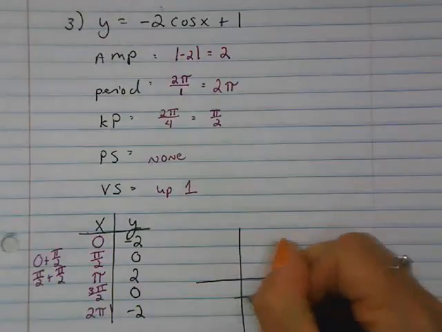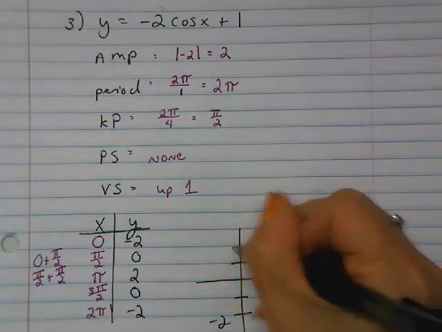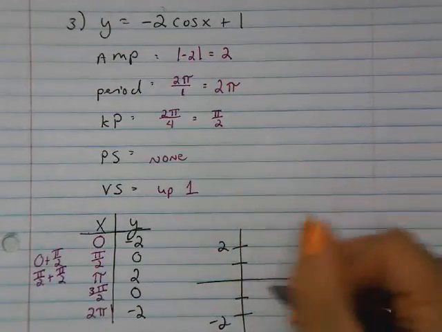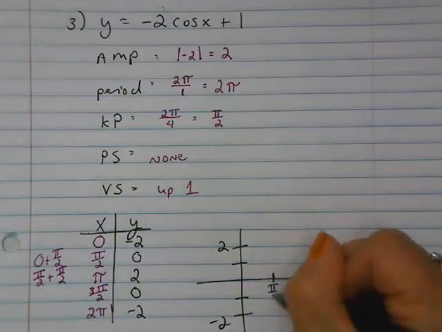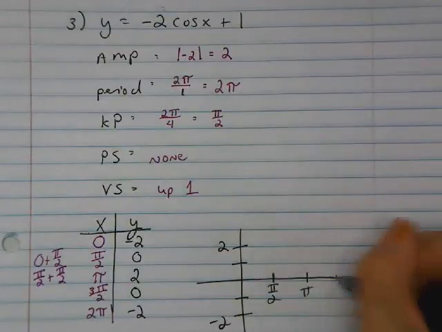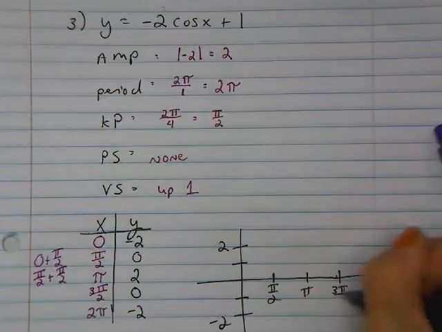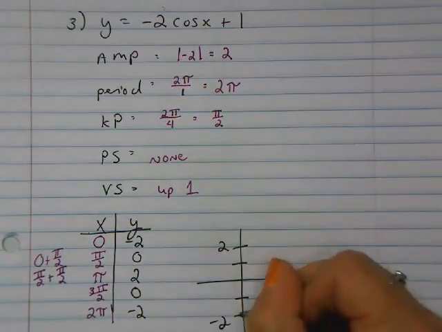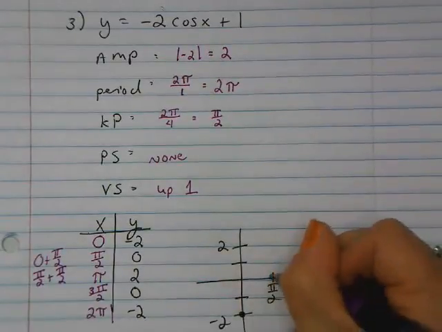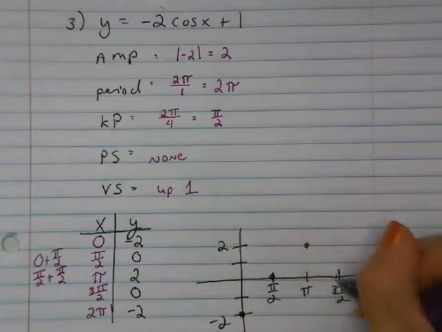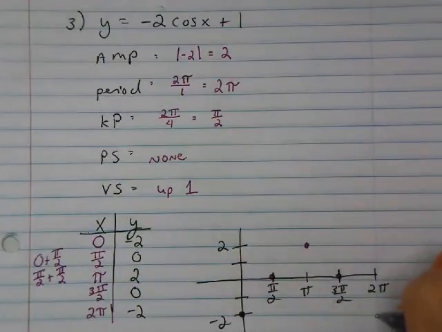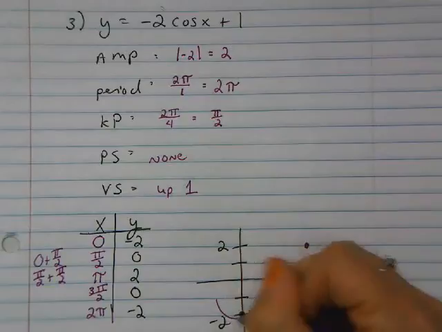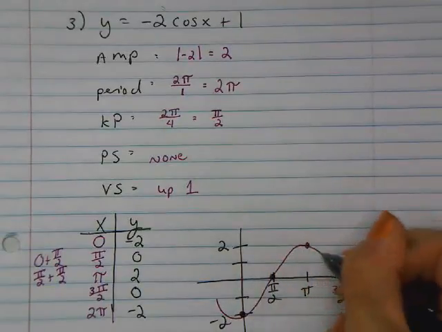Alright, so here's -2, here's 2. Let's see, we've got pi over 2, pi, 3 pi over 2, 2 pi. Okay, I'm beginning at -2, back to 0, up to 2, back to 0, back to -2. So that's my parent. Now be careful, you're not done.